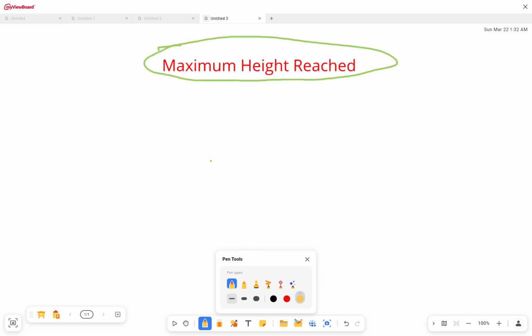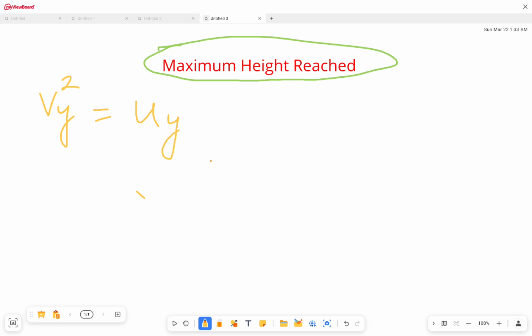So taking this concept in mind, we are using the formula v square equal to u square minus 2gs, or we can write it as h.